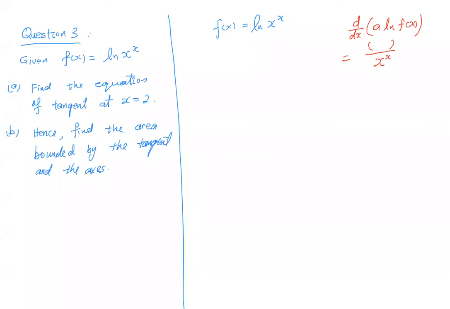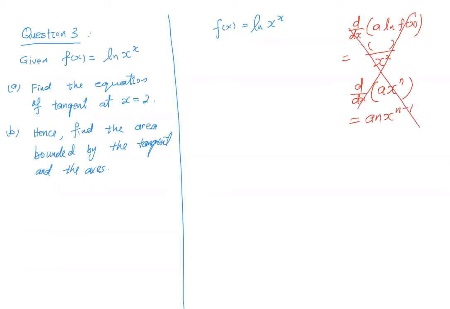You cannot differentiate x to the power of x because we only can differentiate things like that, whereby this is a constant, a number. This is not. This is a variable, so cannot.